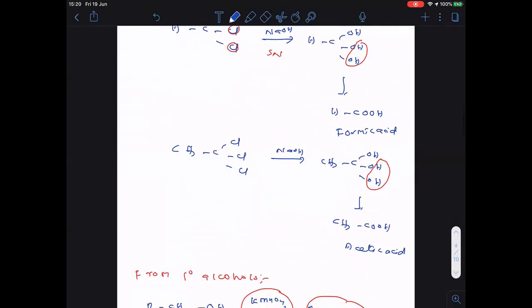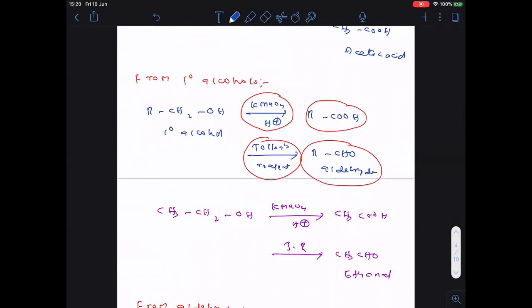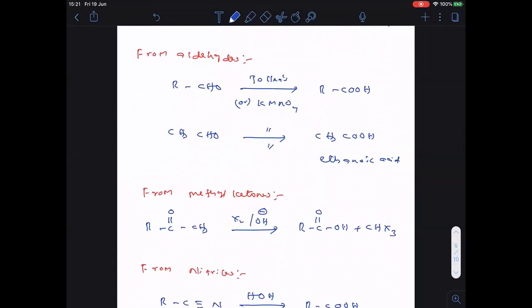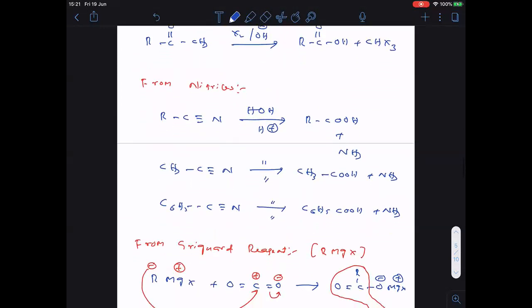Clear? Then from primary alcohols. Next, this is from aldehydes and methyl ketones. Then this is from cyanides and Grignard reagent.